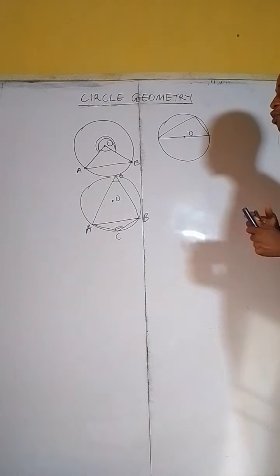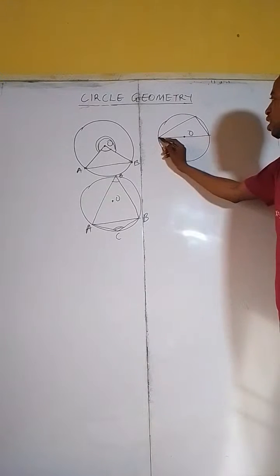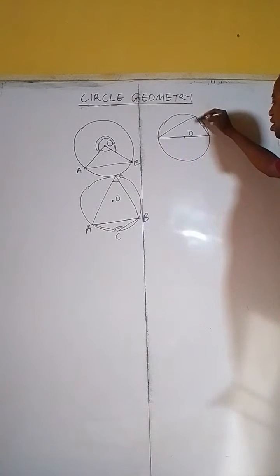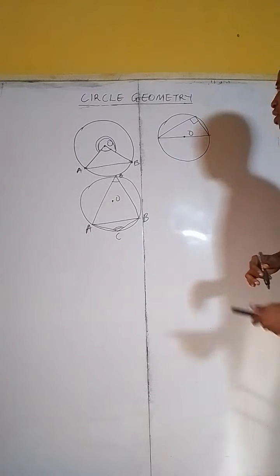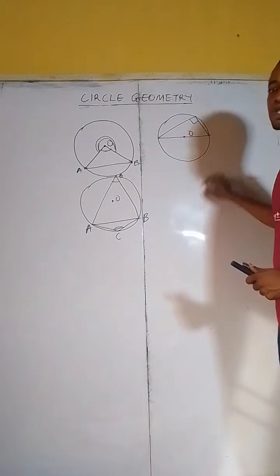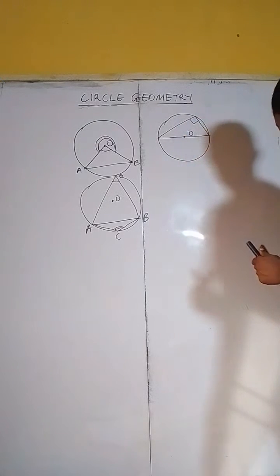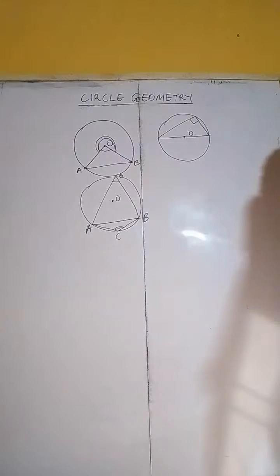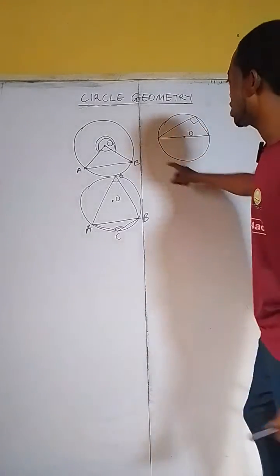So angle in a semicircle, that's what it means. When a diameter subtends an angle, it is the angle in a semicircle and is 90 degrees. From theorem 1, we are going to deduce this theorem, and it is in another theorem. So these 3 points are very important.